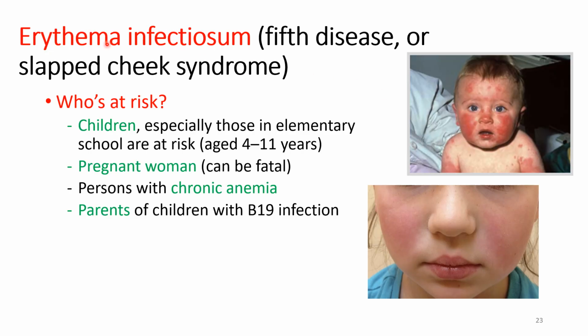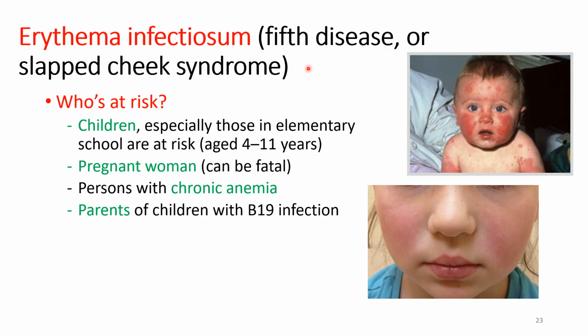Now it's called the fifth disease. Why? Because we have 6 childhood exanthems. We'll learn about these in detail in the upcoming TBL. The first childhood exanthem is rubeola or measles. The second one is scarlet fever caused by Streptococcus pyogenes. The third is rubella or German measles.